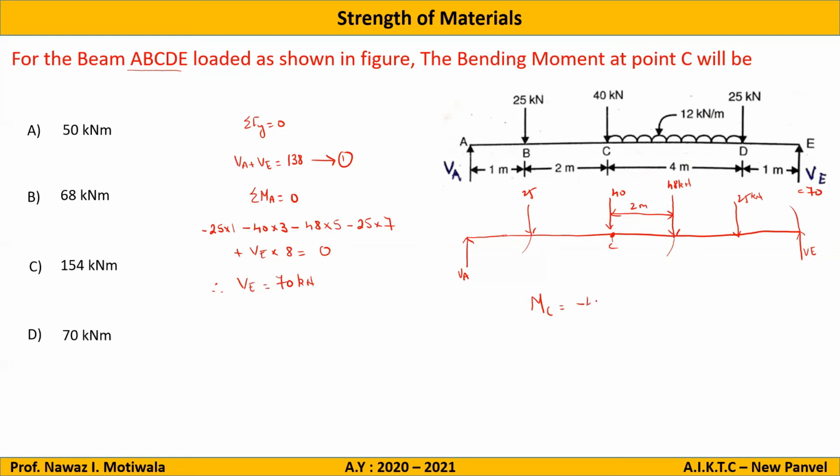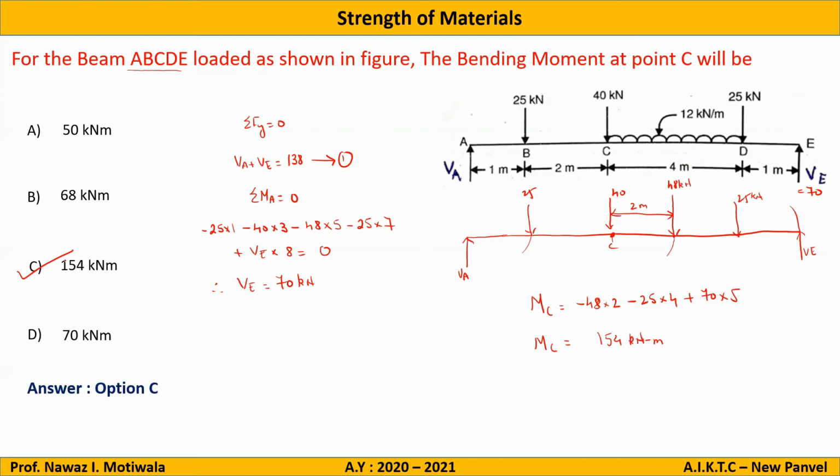So it will be minus 48 into distance from point C, which is 2. Then minus 25 into distance from point C, which is 4. Plus the value of VE, 70, into distance from point C, which is 5. If I solve this, I will get the value of MC as 154 kilonewton meter, which is option number C.